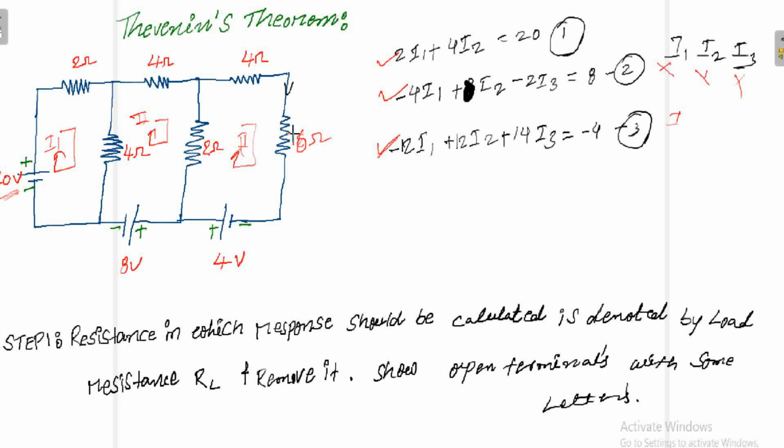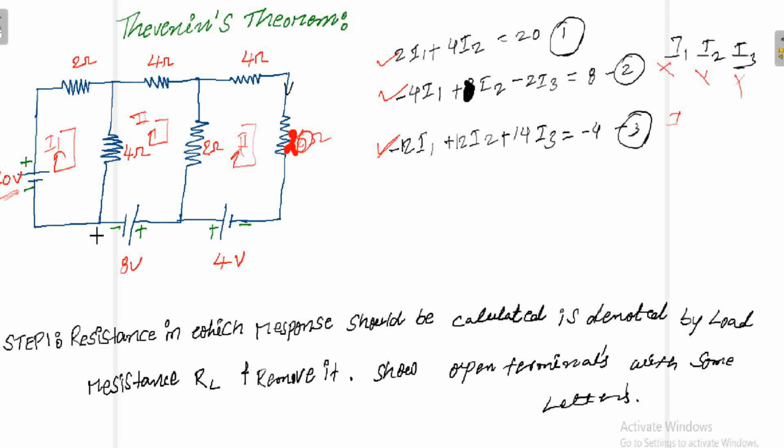If I change this 16 to 20 ohms, with the superposition theorem also, again we have to start by considering each and every source independently. Again we have to find the response. It is a very tedious process, it takes more time.